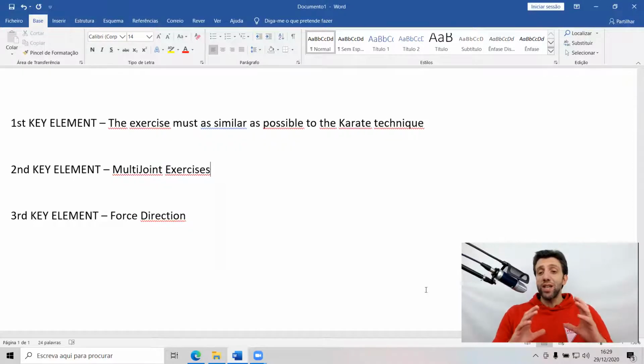So we only achieve that with multi-joint exercise, as for example the deadlift or the squat and that kind of exercise, or a jump, or a derivative of Olympic weightlifts.